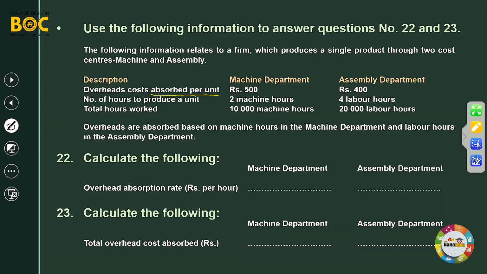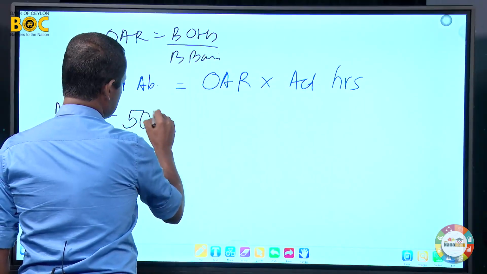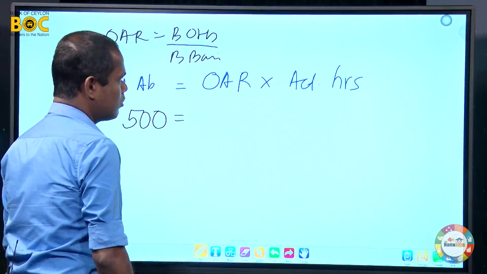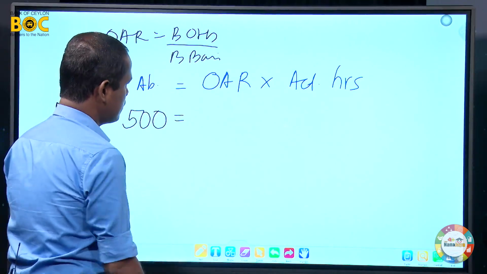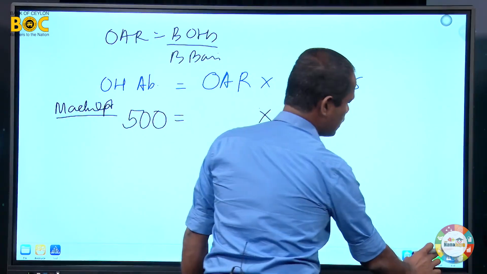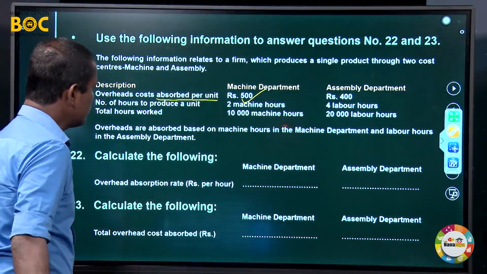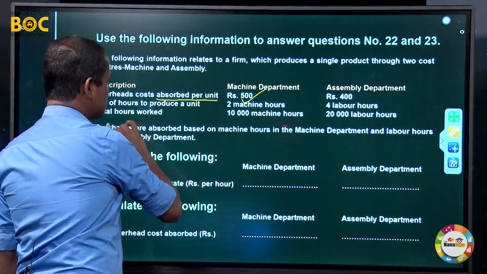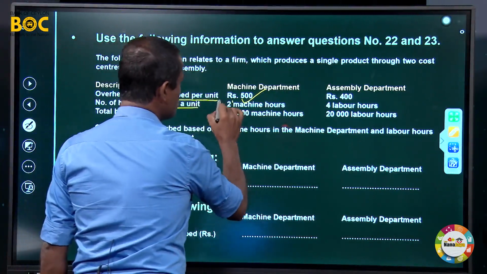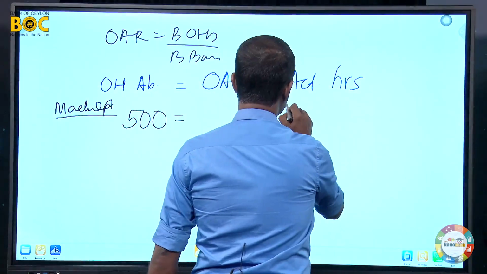The machinery department overhead absorbed is 500 rupees. What is required to calculate the overhead absorption rate? The number of hours they used to produce a unit: they want 2 machine hours.